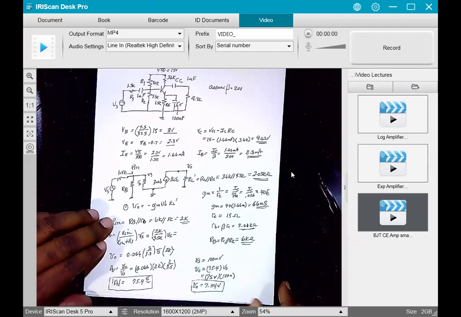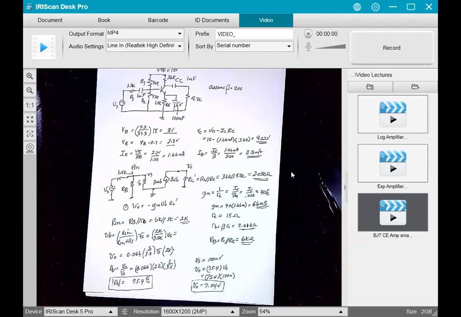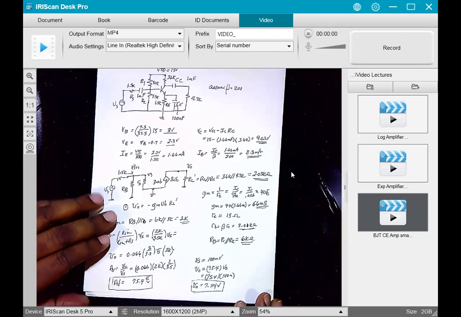Okay. So now, before we go much farther with calculating our Thevenin equivalent resistance at each pole location, let's look at our gain right here. So our gain now is basically 75.4. That's magnitude.